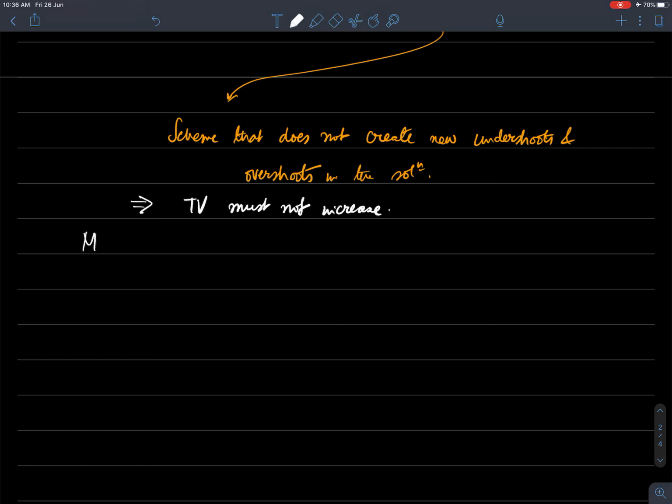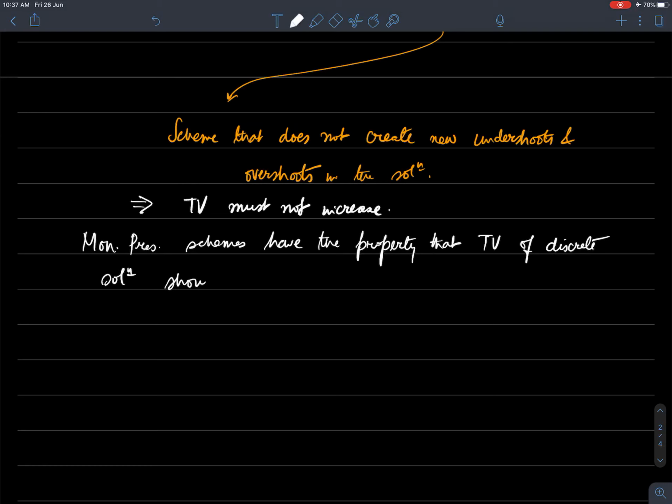So monotonicity preserving schemes have the property that the total variation of the discrete solution should diminish with time.